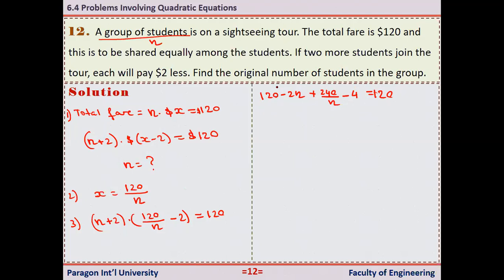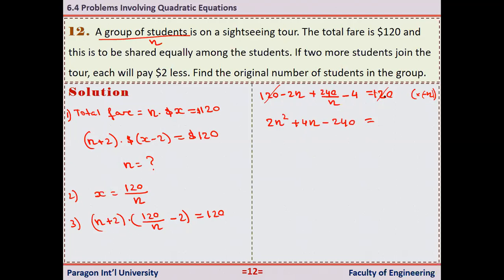At first glance, we can cancel out the 120s from both sides of the equation. After that, let's multiply by negative N. Here we have 2N squared multiplied by negative N, plus 4N multiplied by negative N, and minus 240.